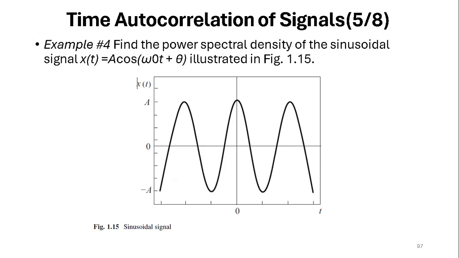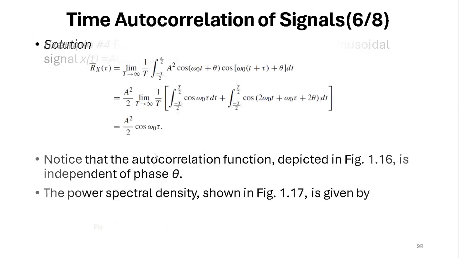Example: find the power spectral density of the sinusoidal signal x(t) equals A cos(omega naught t plus theta).